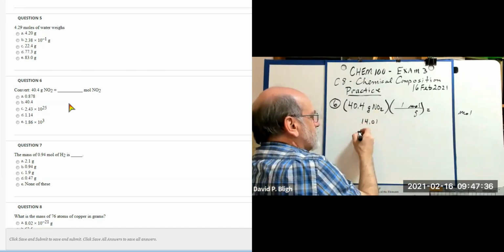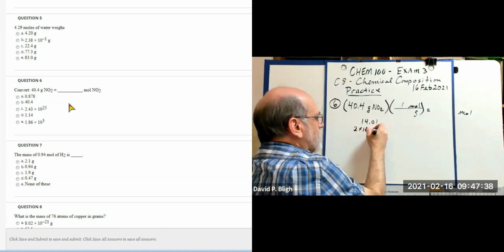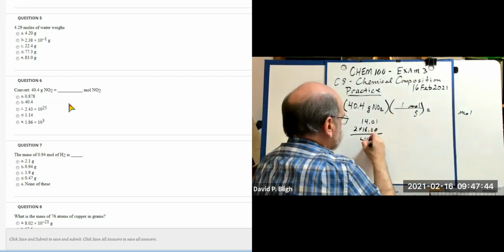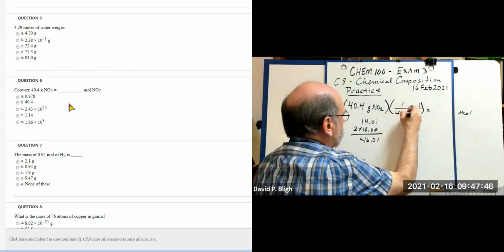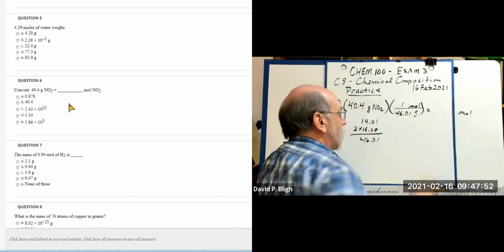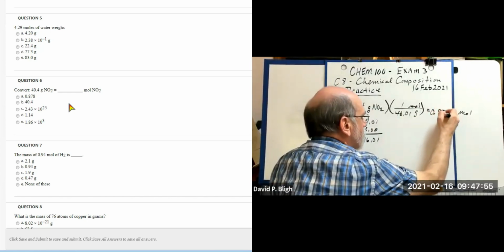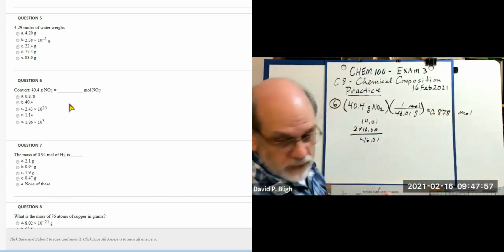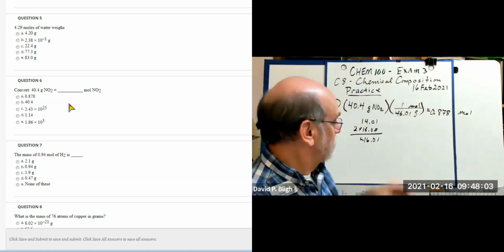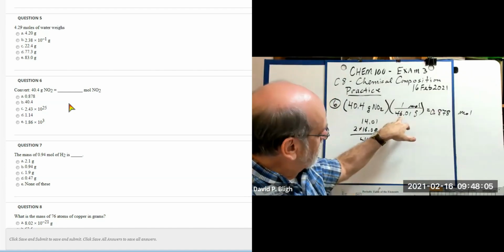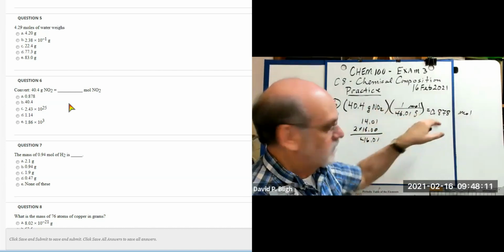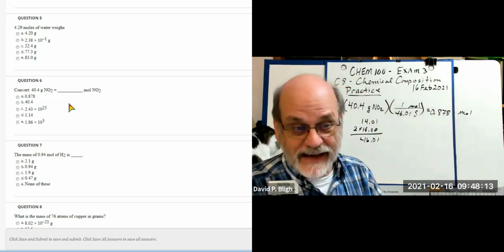That much for nitrogen, and then 2 times 16 for oxygen gives us 46.01, which leaves us with 0.878 moles, I believe. Yeah. Now, is that reasonable? Well, if that's accurate, then the denominator is bigger than the numerator, so the answer has to be less than 1. And it is. So it makes sense.